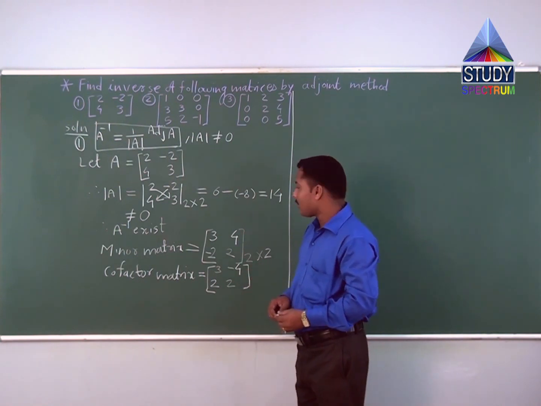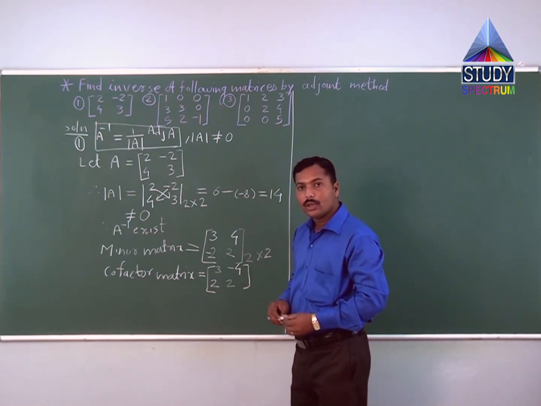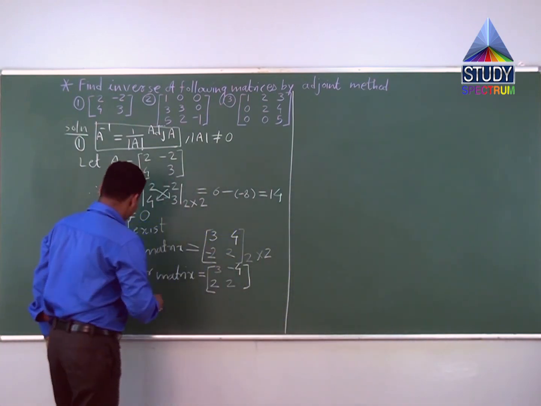So after the cofactor matrix we get the adjoint of matrix A. So adjoint of A equal to what?